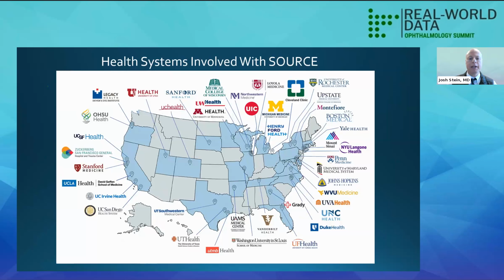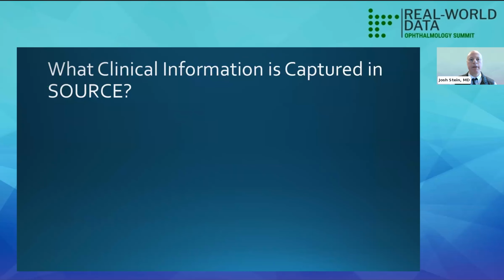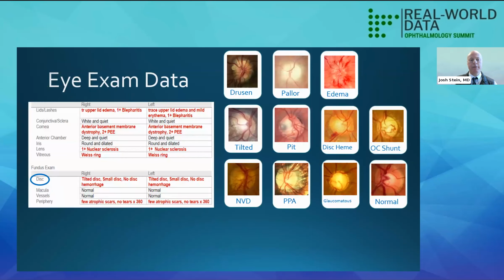So it's a nice geographically diverse group and with a nice representation of patients of different races and ethnicities. In terms of specific data that we're able to capture, for example, all the standard eye exam fields, we're able to parse out all the relevant details such as the optic disc or the macula exam.